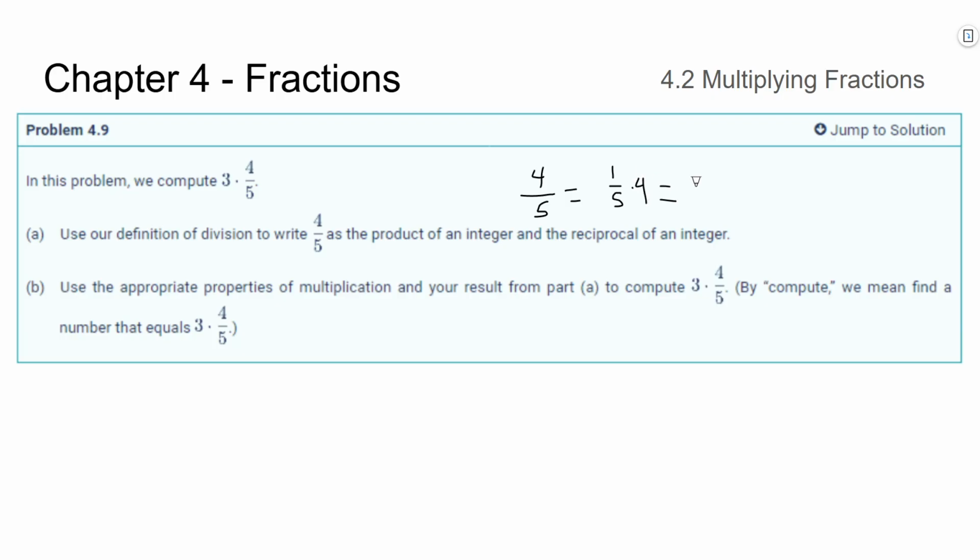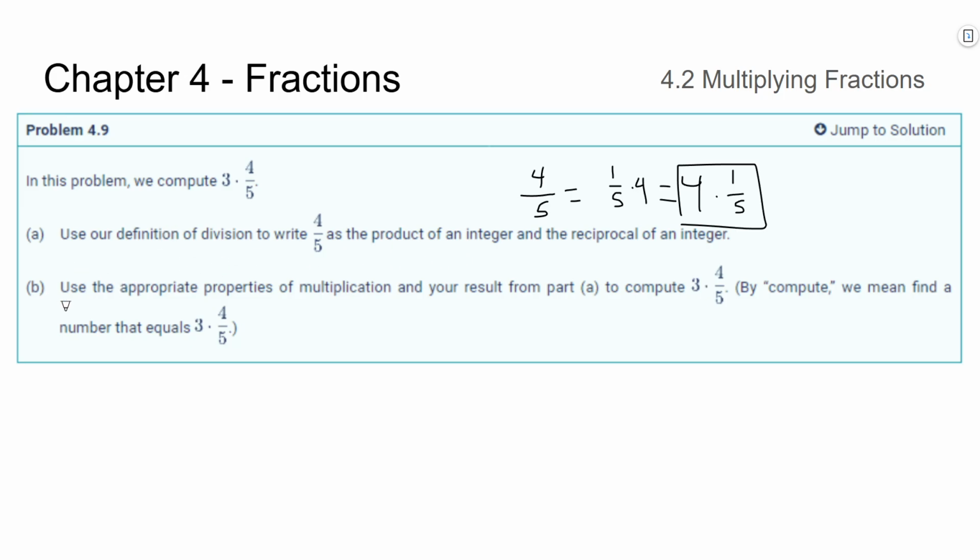Or we can swap the order, because it might look more familiar if you say 4 times 1/5. And again, we have this product with a reciprocal here. So if we do 4 times 1/5, we would end up getting 4/5, which is what we started with. So we know we can write it like this, and that works.